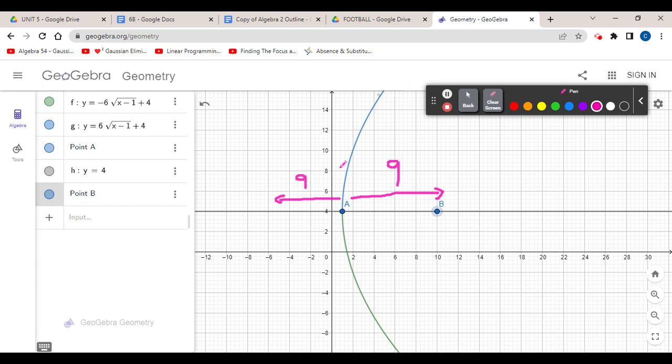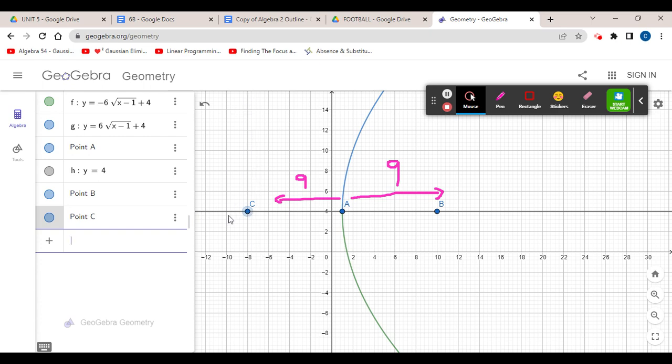But now we're going to subtract from the x value. So our x value here was 1, so we go back by 9. We're going to have the point -8, 4.